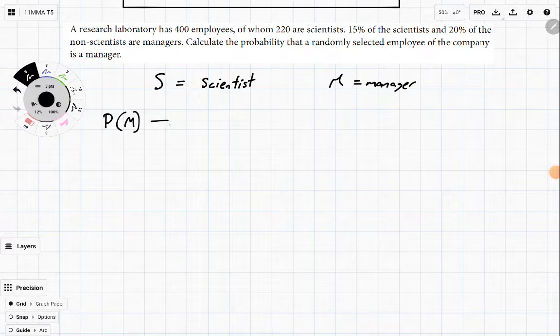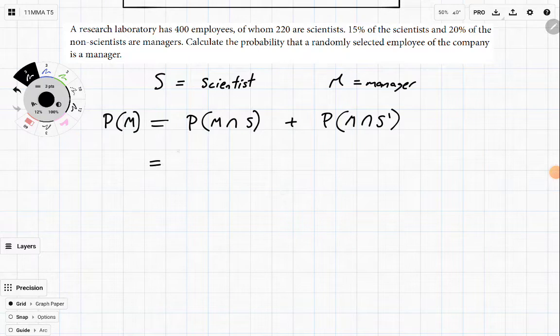Well, we could work that out if we knew how many managers there were. It'd just be managers over total, but we don't actually know how many managers there are. So let's use this rule instead. It's going to be the probability of managers intersected with scientists plus the probability of managers intersected with non-scientists.